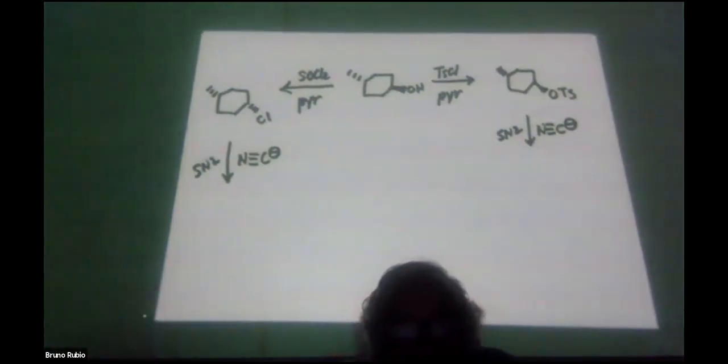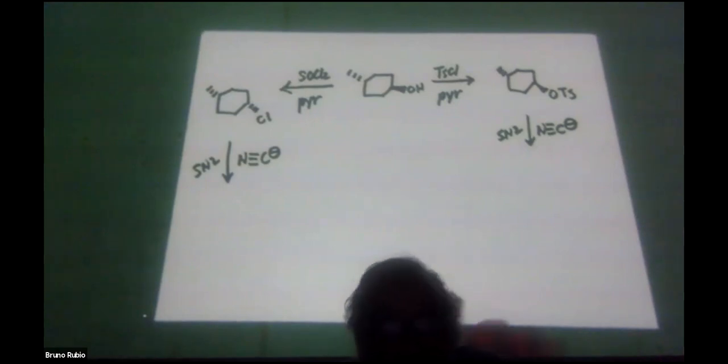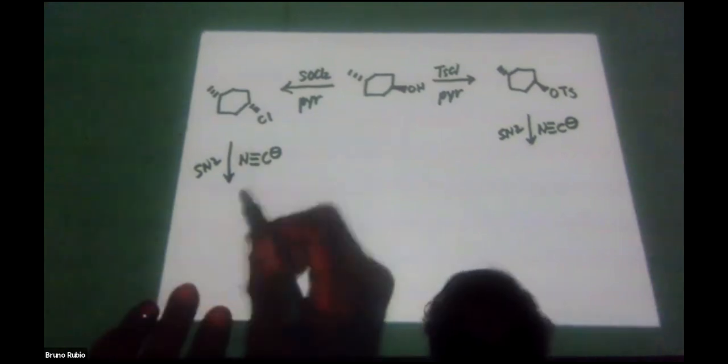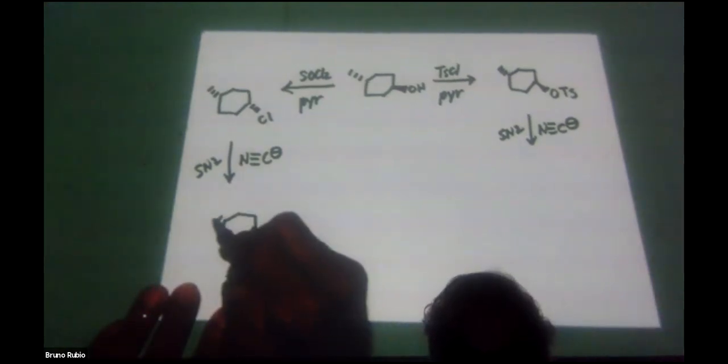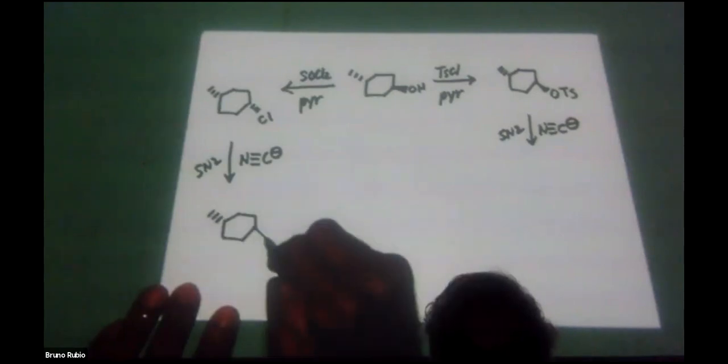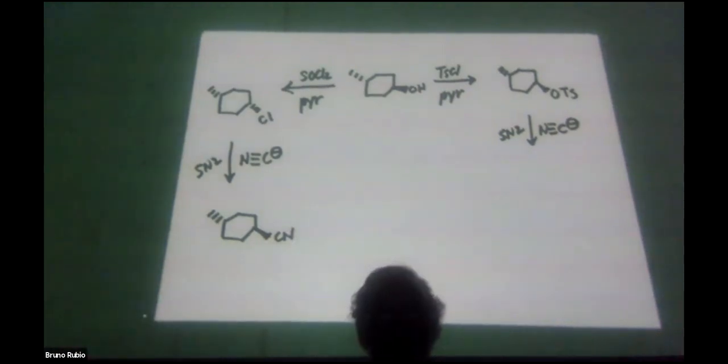And what do we know about SN2? Inversion of configuration, backside attack. So here, the final product is going to be dash, dash, dash methyl, but the new CN came in on a wedge because the Cl, the leaving group, was in the back and the nucleophile came in on a wedge from the front.